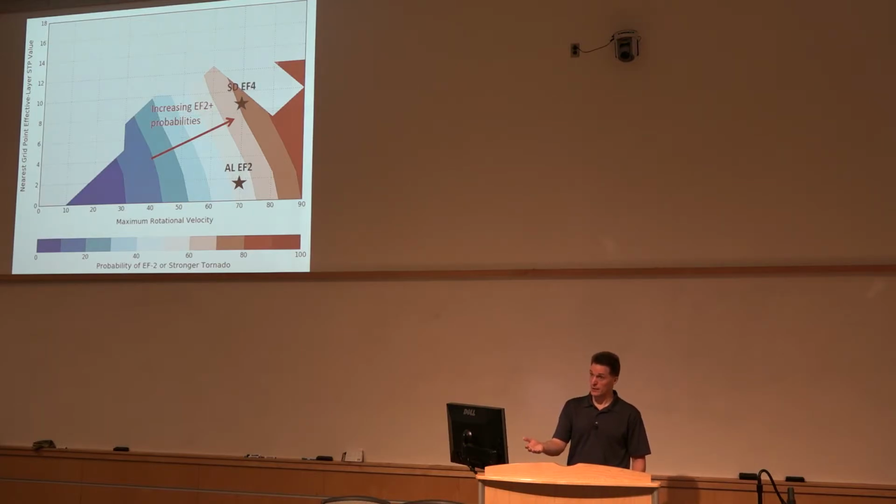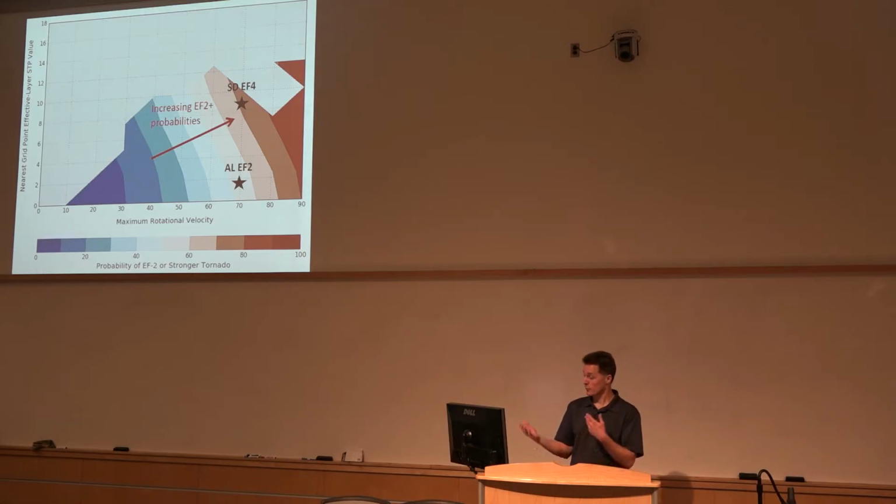The South Dakota case that had the impressive tornado has a similar rotational velocity, but it's in a more dangerous storm environment, and it actually has an EF4 rating. Neither one of these places is super high density population, and actually the one you would expect to be underrated would be this one, because it's much more open country. There's a lot more forest and small towns in the Alabama case.